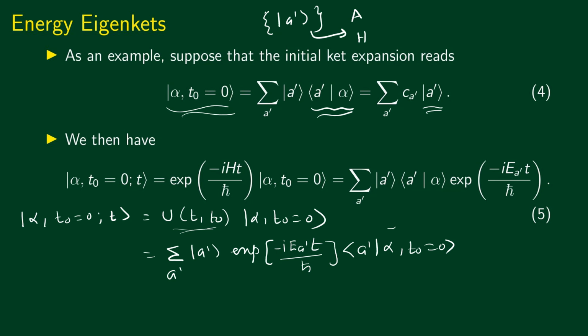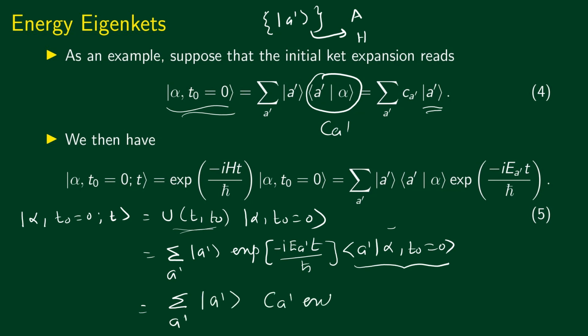This bra A prime ket alpha is what we call C A prime, which we fixed earlier. So this is equal to sum over A prime ket A prime C A prime exponential minus i E A prime t divided by h bar.